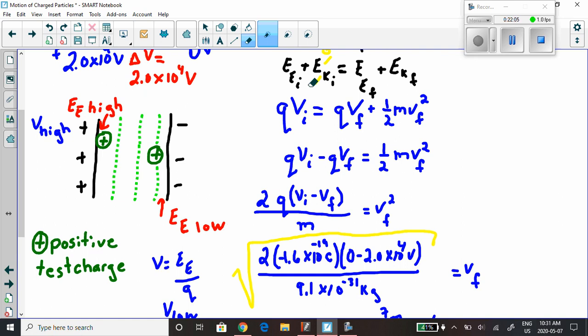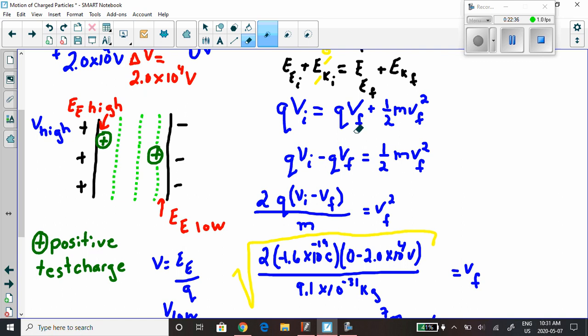So that's why I'm changing electric potential energy to the charge that the object is carrying times whatever voltage conditions are present in the initial situation. And that's going to equal electric potential energy final, which is now the charge that's being carried by that object multiplied by whatever voltage conditions exist in the final situation, plus half m v f squared. We've done that for years now.